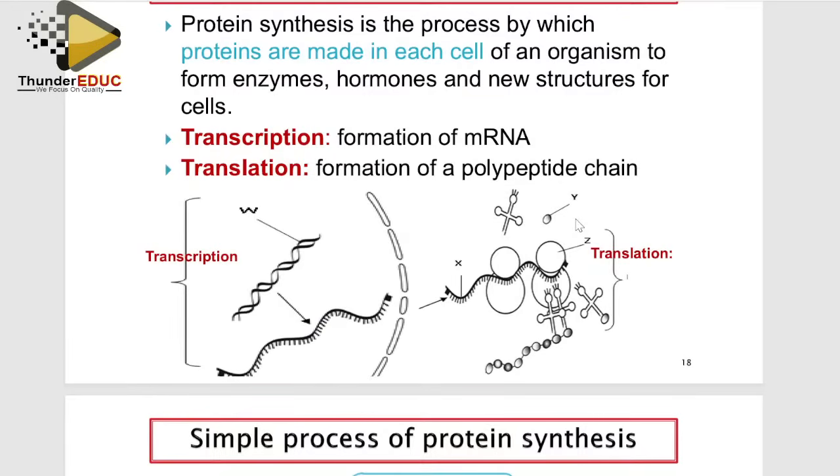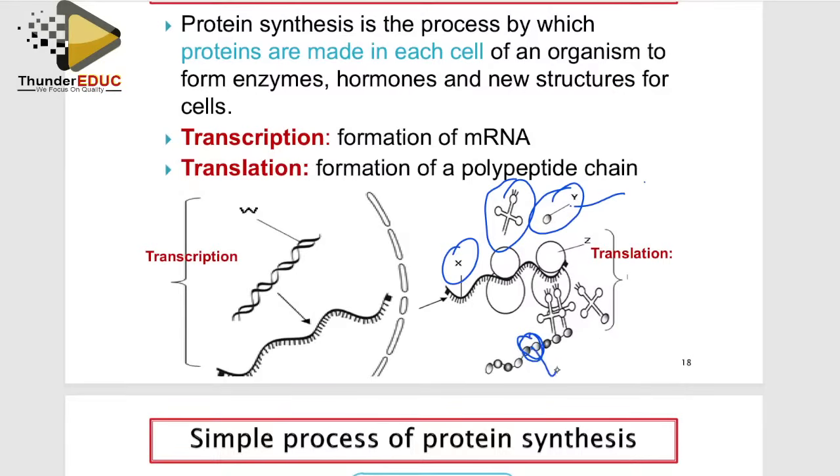So we are saying, what is X? It is messenger RNA. And what is this? We say that it is tRNA. What is this? This is an amino acid. What are the monomers of proteins here? It is the amino acid. How do we call the bond between the two amino acids?